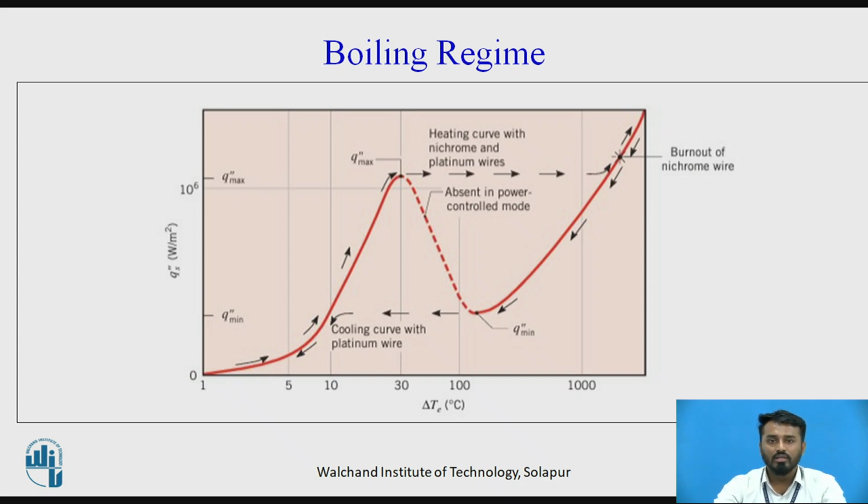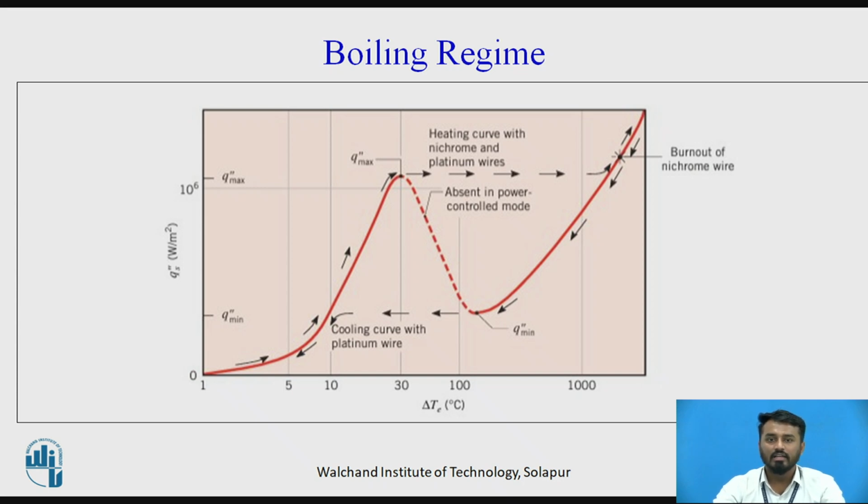Because of that, the heat transfer will reduce drastically from delta T excess 30 to 100. After that, the lowest point after delta T 100 is the Leidenfrost point, which has a very low heat flux, leading to the radiation regime.